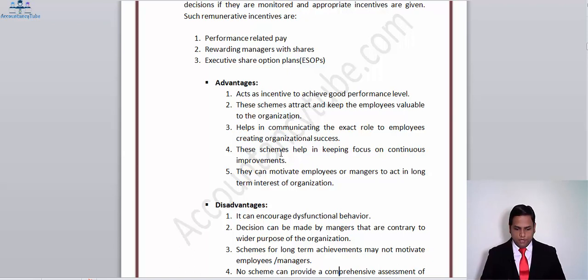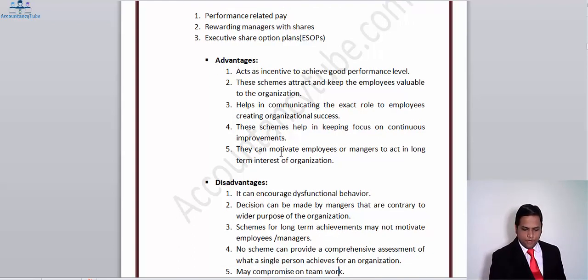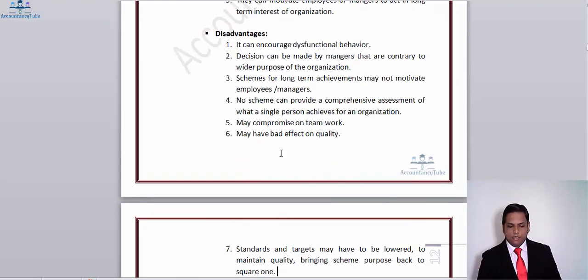After that, we have schemes that keep the focus on continuous improvement. They keep the employees and senior management on track where they want to head, and they can motivate employees or managers to act in the long-term interest of the organization. Again, that was the initial reason why we make these arrangements. Now, like that, there are disadvantages.